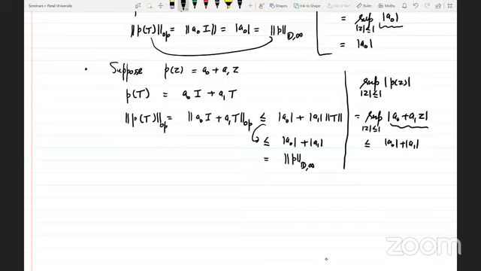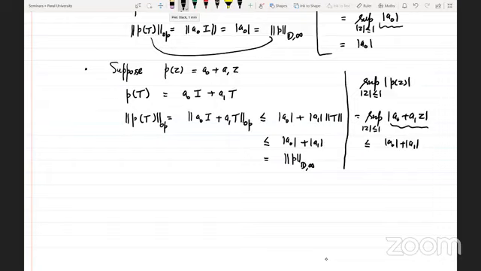So by the same reason as you saw here, it is going to be less than or equal to mod A0 plus mod A1. So less than or equal to is easy to see, but why is it equal to? For equality, we just need to find a Z such that it becomes equal to this, right? A Z such that mod Z is less than or equal to 1 and the quantity becomes equal to this. That's also easy. How do you do that?